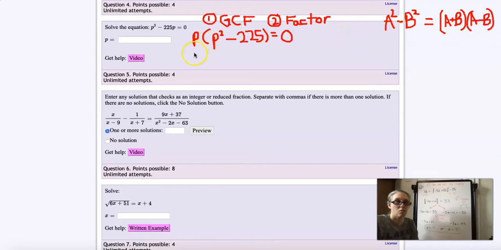So we're going to continue to have p out in front. Don't drop that variable. And we're going to factor this into p plus 15 times p minus 15. Why? Because 15 squared is 225.